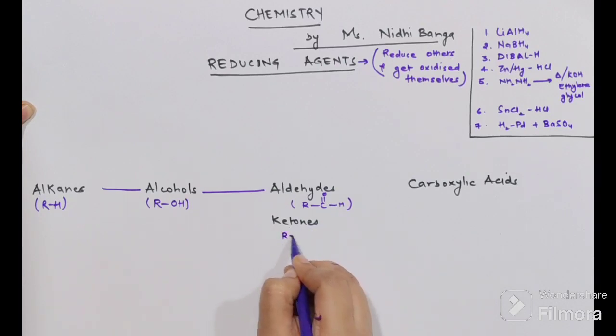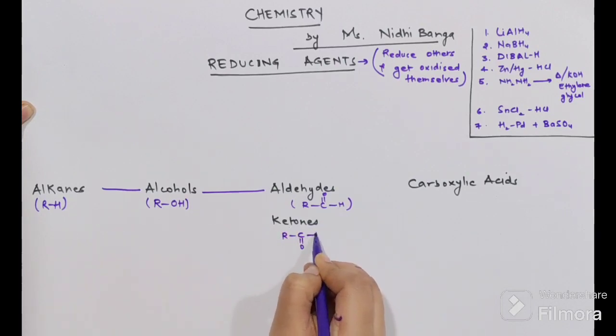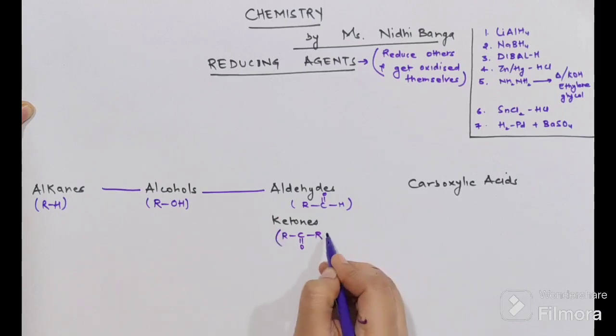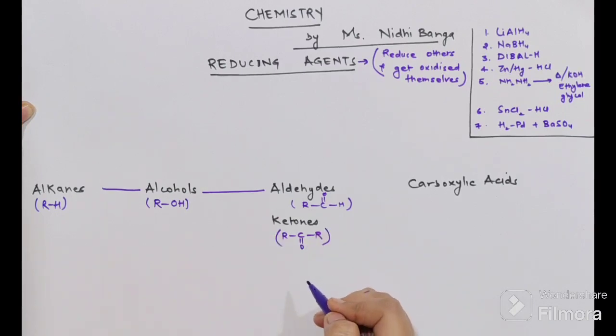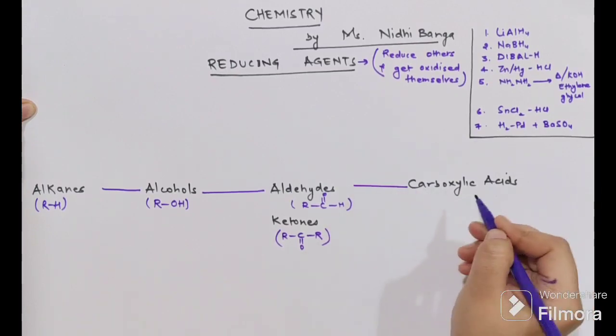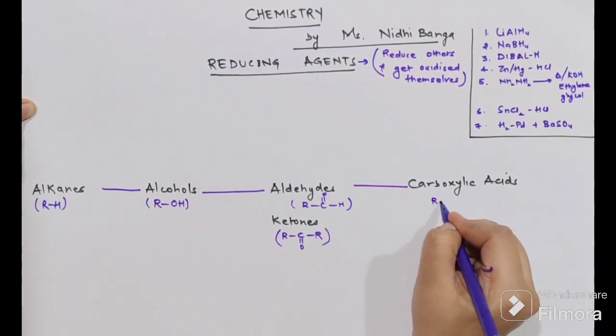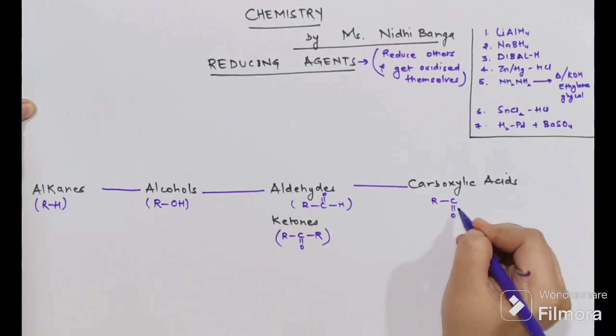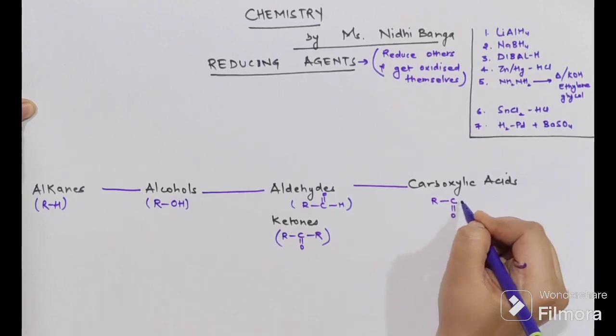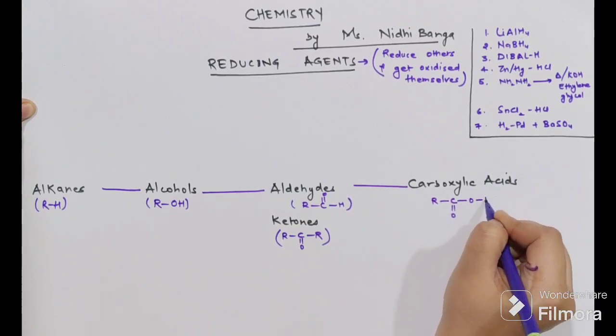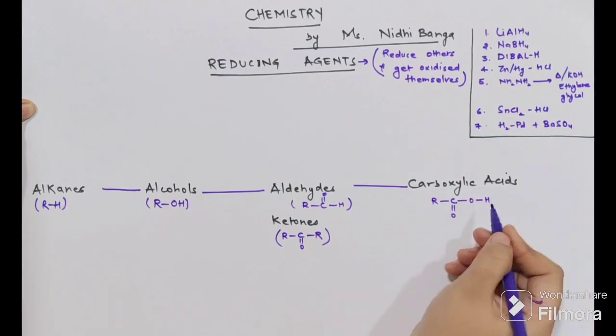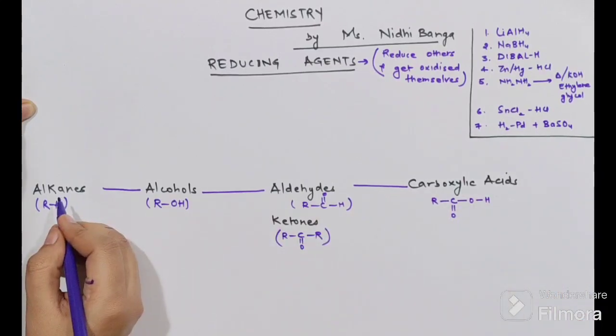Similarly, ketone is at the same level, where carbon is doubly bonded to an electronegative atom, that is oxygen. Next up, we have carboxylic acids, where carbon has one double bond with oxygen and it also has a single bond with oxygen, making it the most oxidized of all of them.